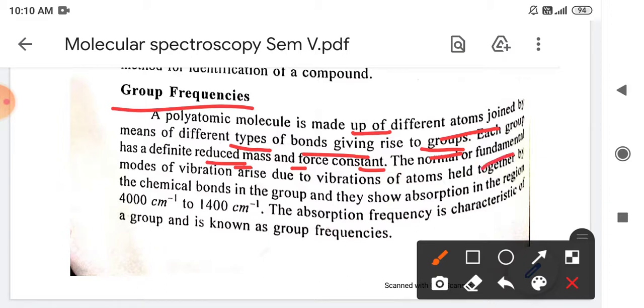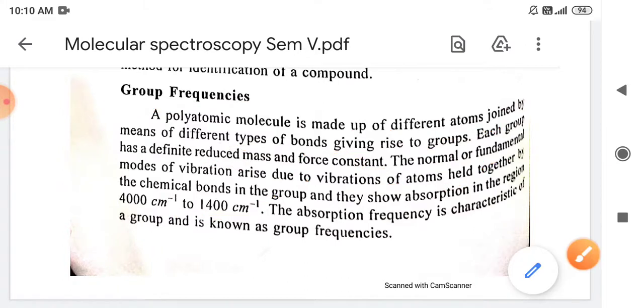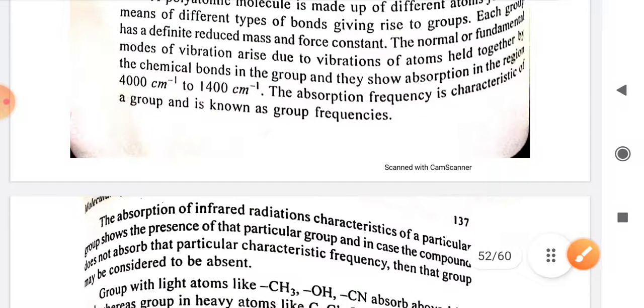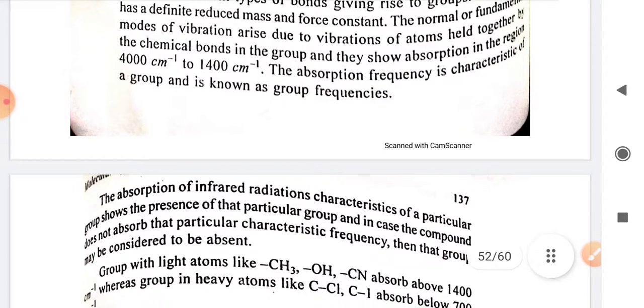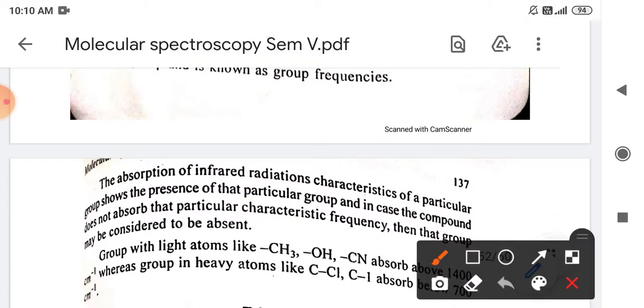The normal or fundamental mode of vibration arises due to the vibration of these atoms which are held together by the chemical bond in the group, and shows the vibrational frequency in this functional group region, that is 4000 centimeter inverse to 1400 centimeter inverse. The absorption frequencies are characteristic of the given group, and this is known as the group frequency.